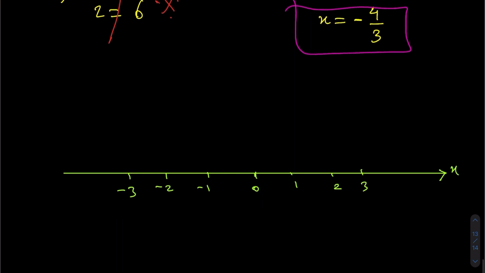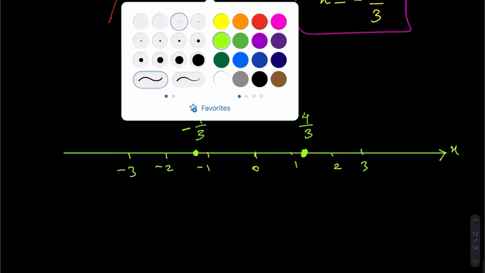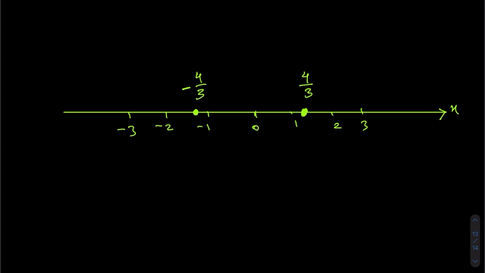Okay, so let me just mark it here. This will be 4/3, and also this one is -4/3, and they should be in a solid circle. And then the next step, which is the most important one, the final step, is to approach from negative infinity to this critical value, which is on my way.